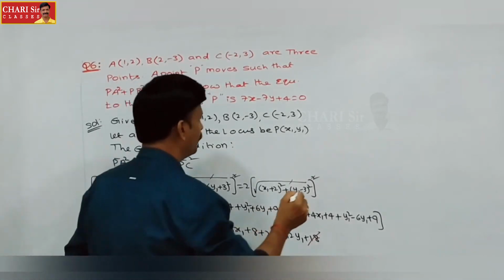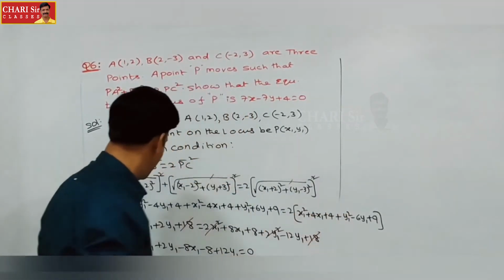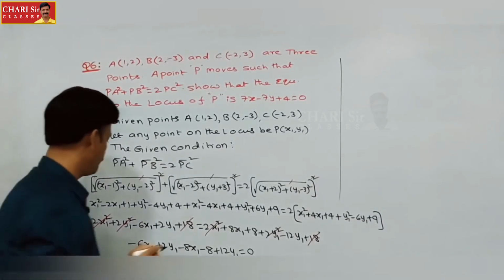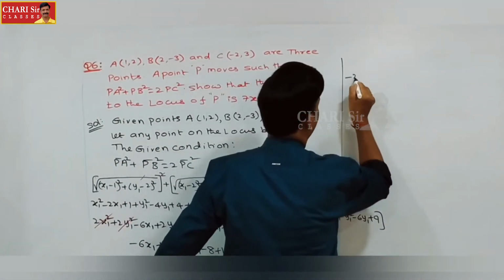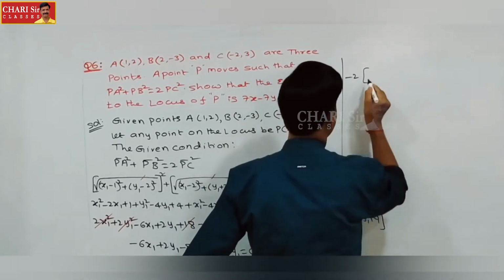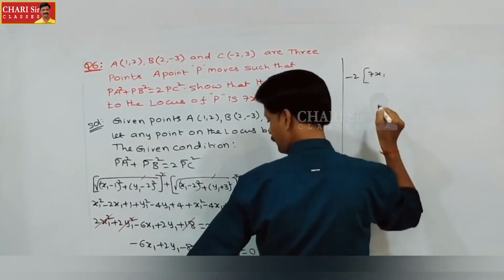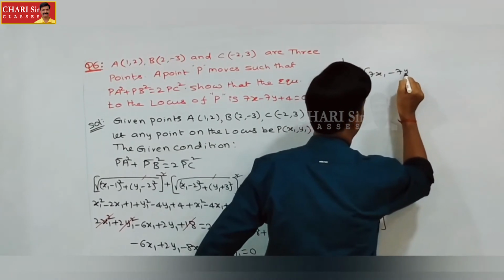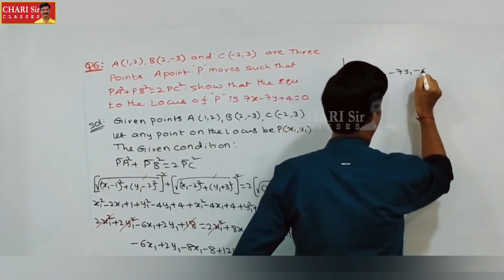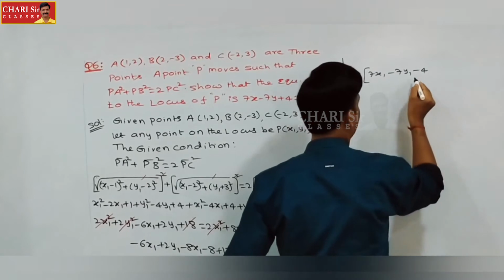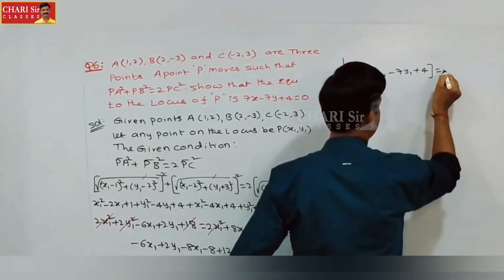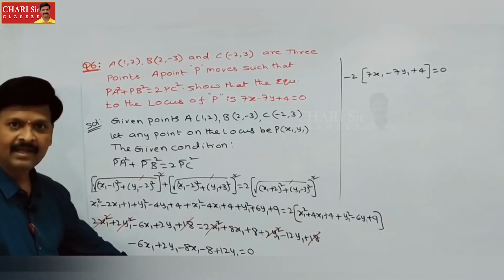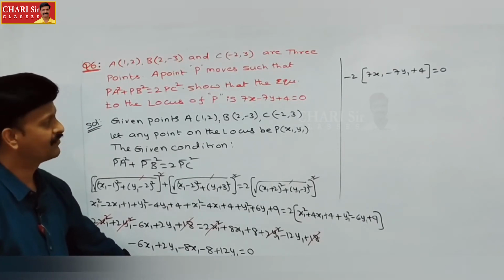Now let's write these down here. From this, what can we take common? Just take minus 2 common from this. If you take minus 2 common, it becomes 7x1 minus 7y1 plus 4, equal to 0. Because here minus was already there, that minus is taken common, that minus 8 becomes plus 4.